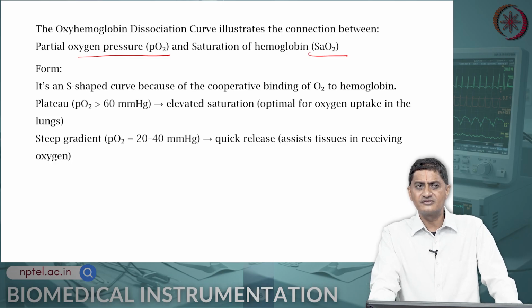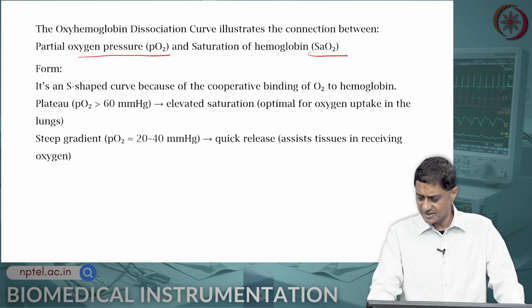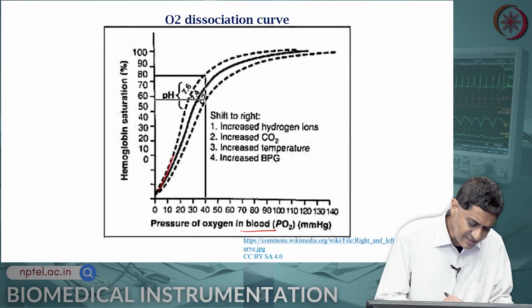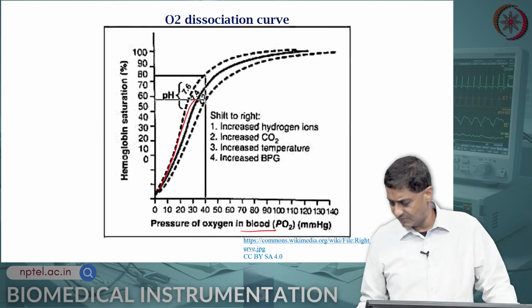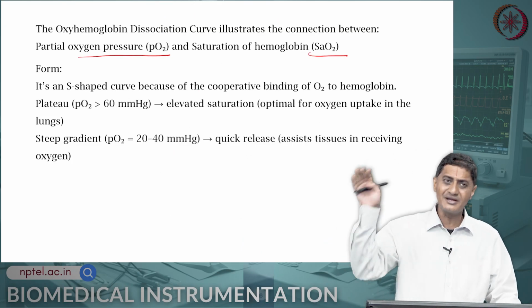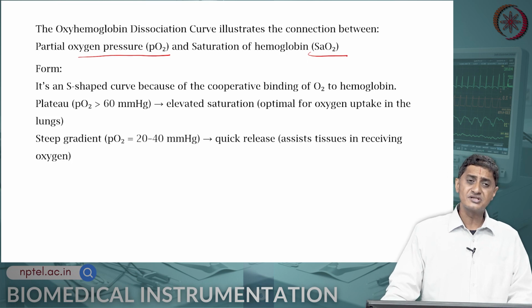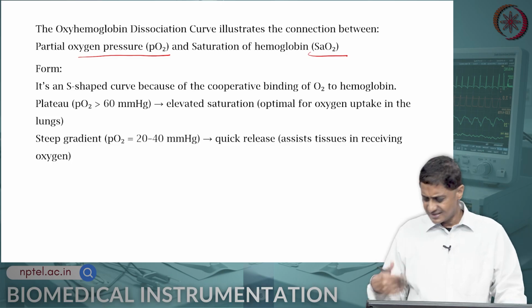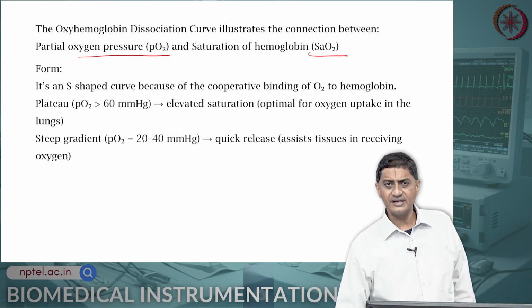This is optimal for intake of oxygen inside the lungs. Between 20 to 40 millimeter mercury, there is a relatively steep gradient of this dissociation curve, a quick release that essentially assists the tissues in getting oxygen.